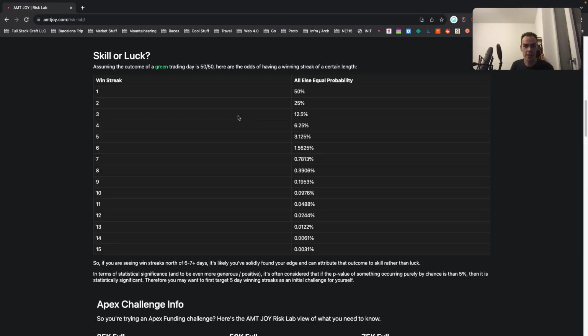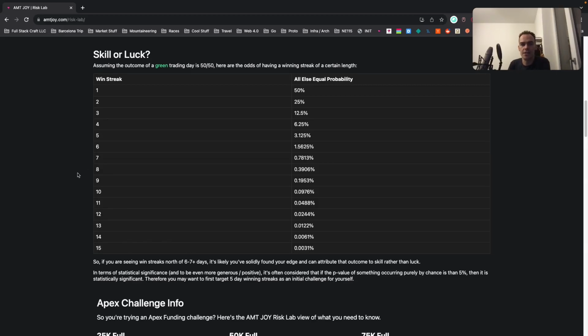But of course, the trader is the outside influence, and if you start getting up towards 5, 6, 7 day win streaks, well, that's less than a 1% chance of happening statistically if it was totally random. So you can probably assume, if you get up to these kinds of win streaks, you've probably found your edge and you're doing something right.